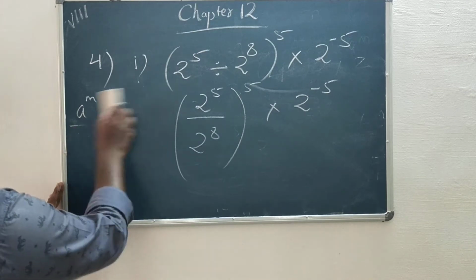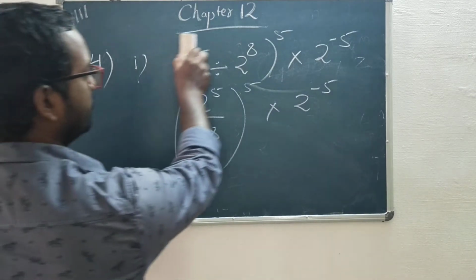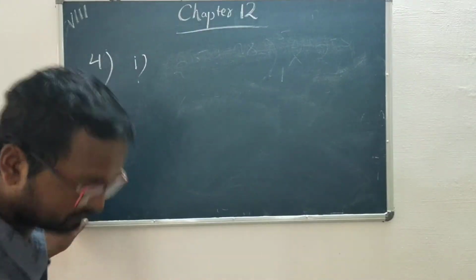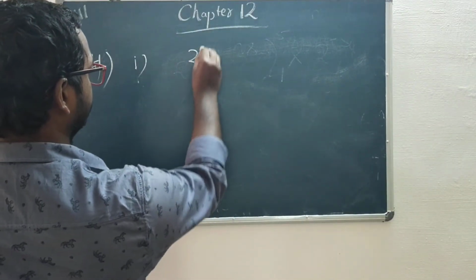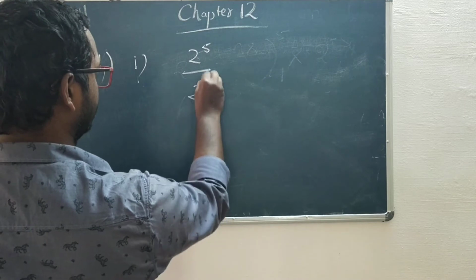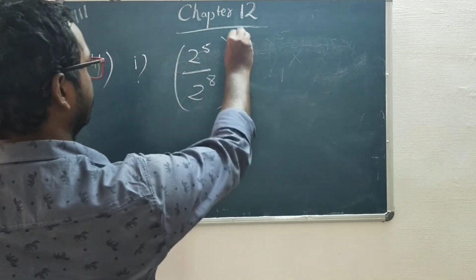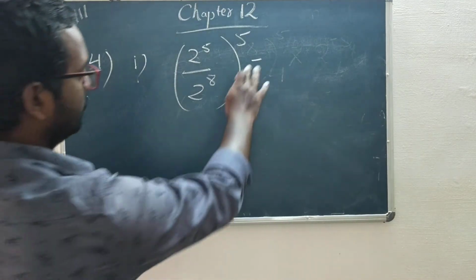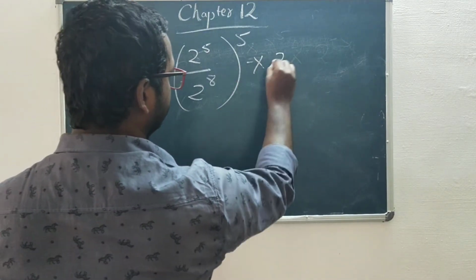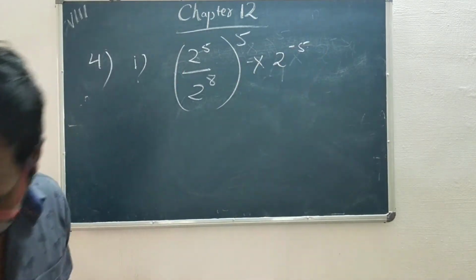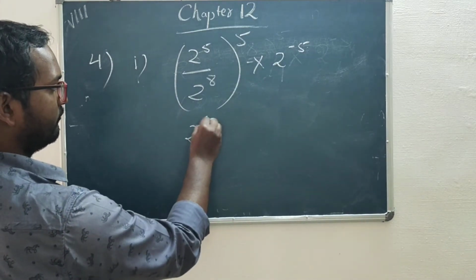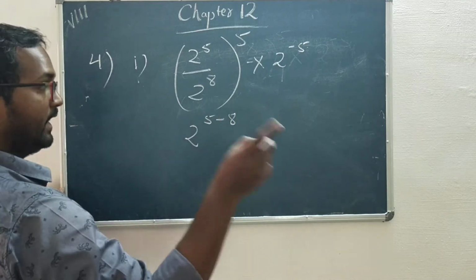When we apply this formula, we will get 2 to the power 5 minus 8, not 8 minus 5.